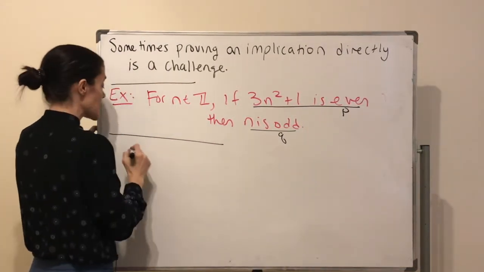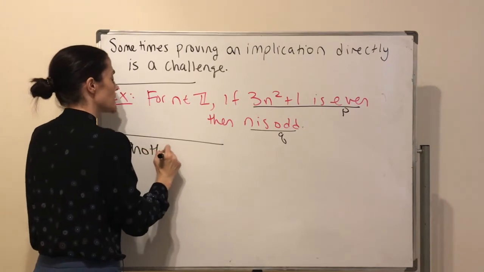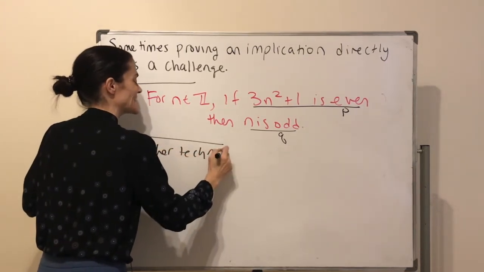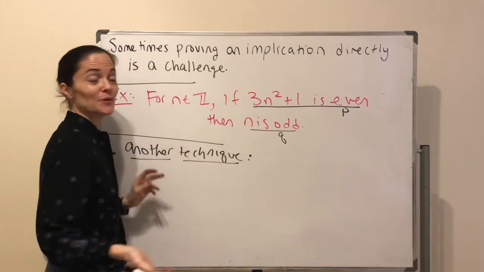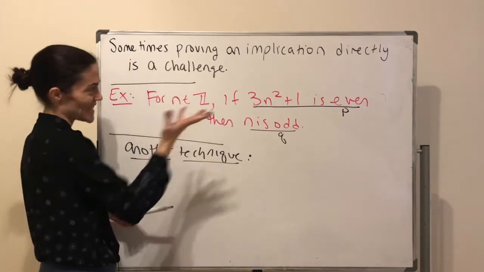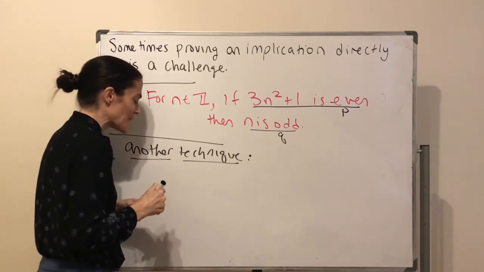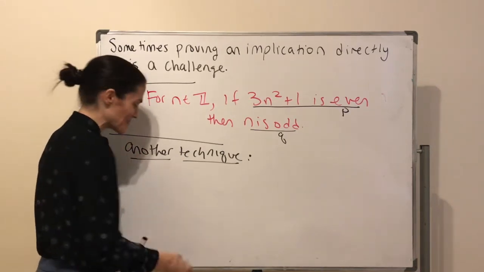we can discuss another technique. And this can be quite often very useful when a direct proof seems complicated, as we see here. Well, let's go back to our logic discussion.